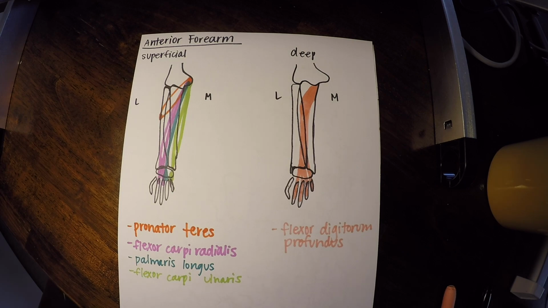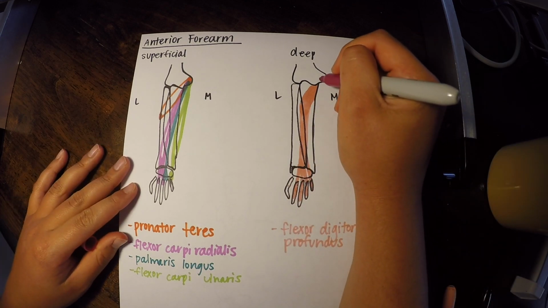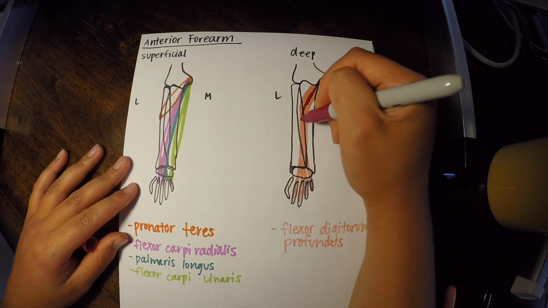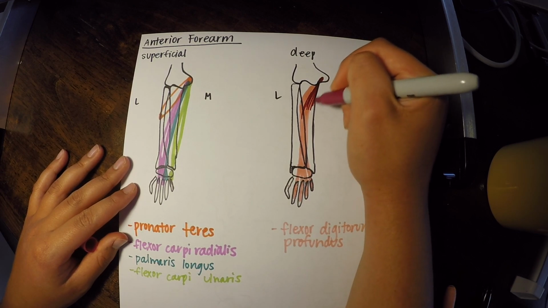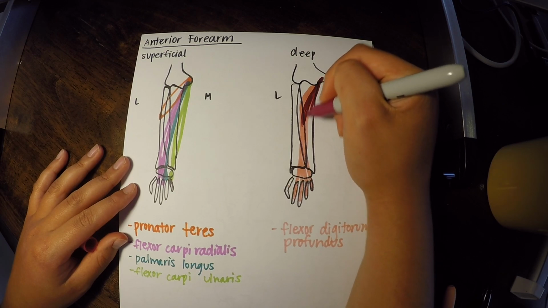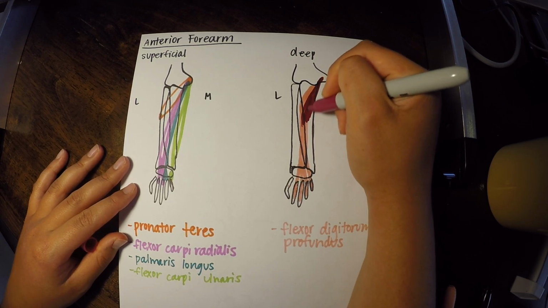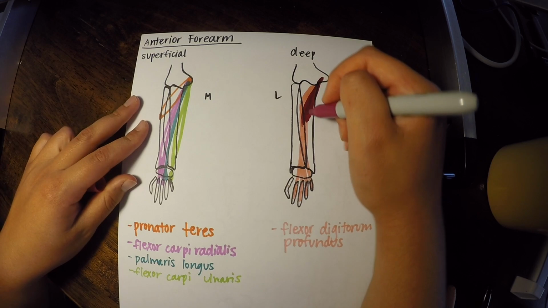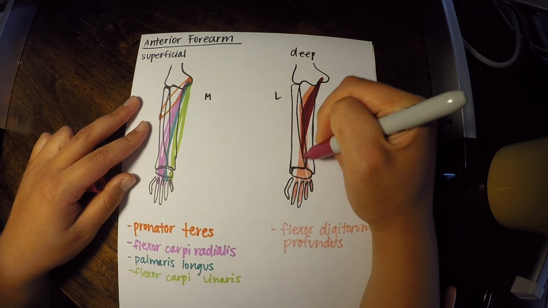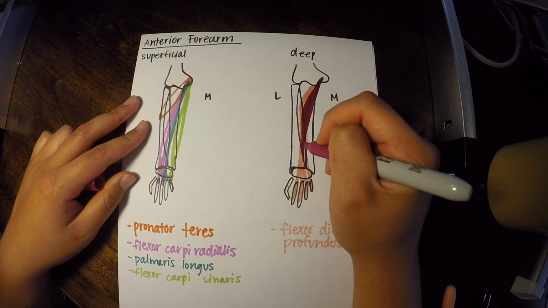Now lastly, we have our Flexor Digitorum Superficialis, and that's also going to be coming from here and kind of making its way down. Oftentimes in models you won't be able to see these when they're so proximal because they'll be covered up by the more superficial muscles, but you will be able to see them as they make their way lower.